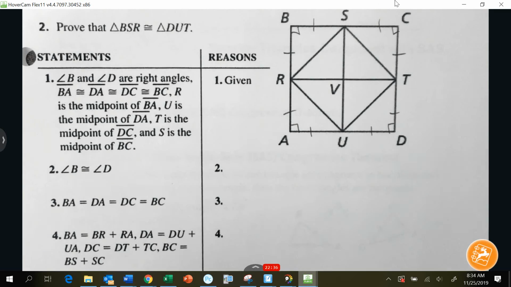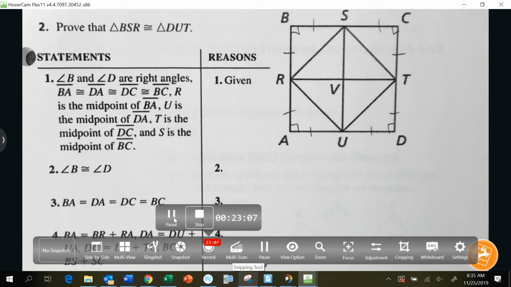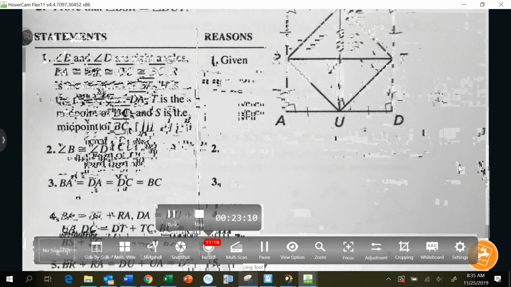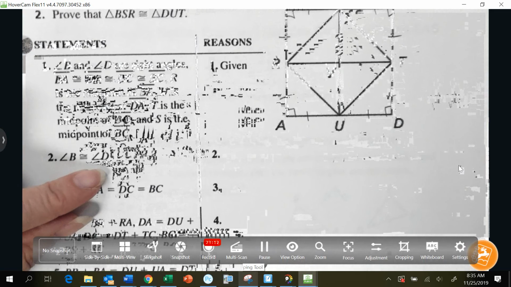So why is angle B congruent to angle D? We were talking about why is angle B congruent to angle D?